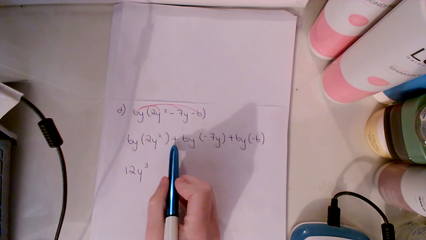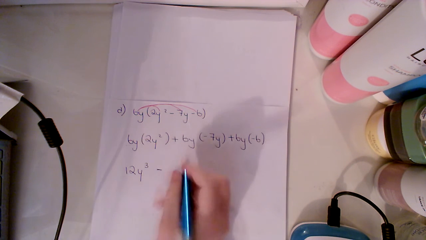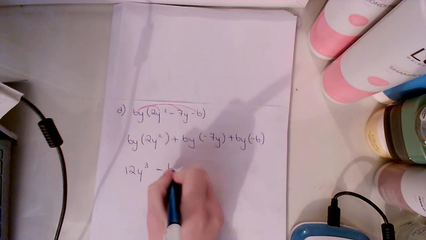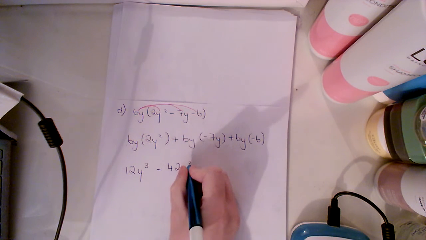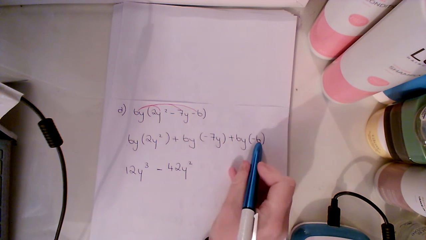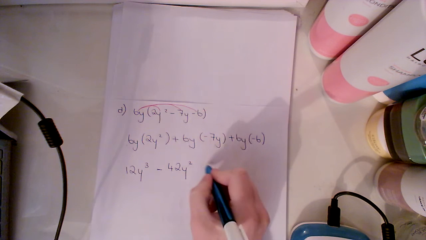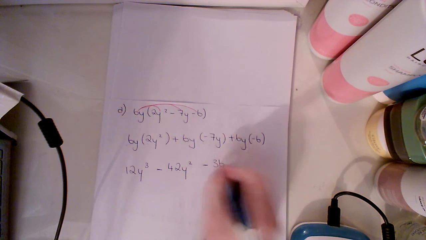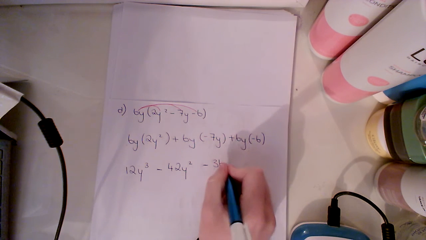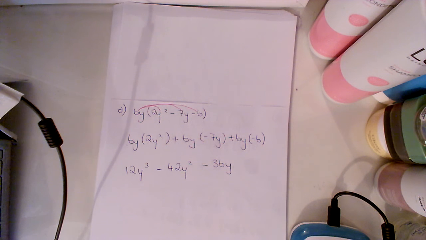Number by number, plus by minus will give me minus 6 by 7, 42, y by y, y squared. Number by number, plus by minus gives me minus 6 by minus 6 is minus 36, and I have no letter to multiply it with, so just minus 36y.